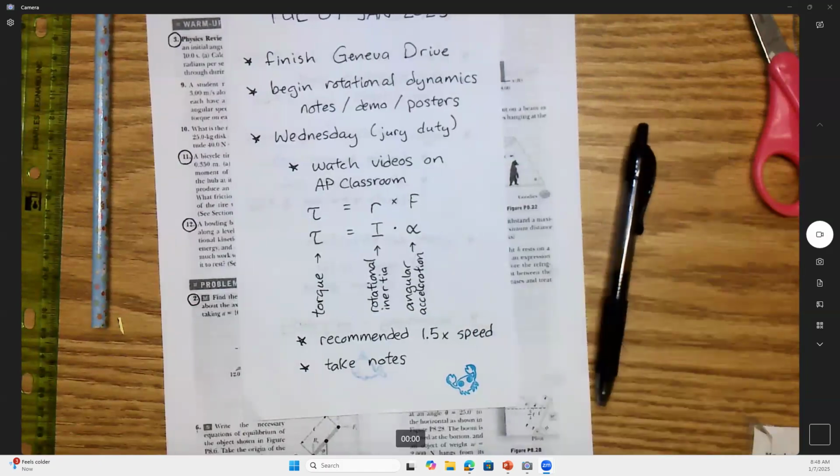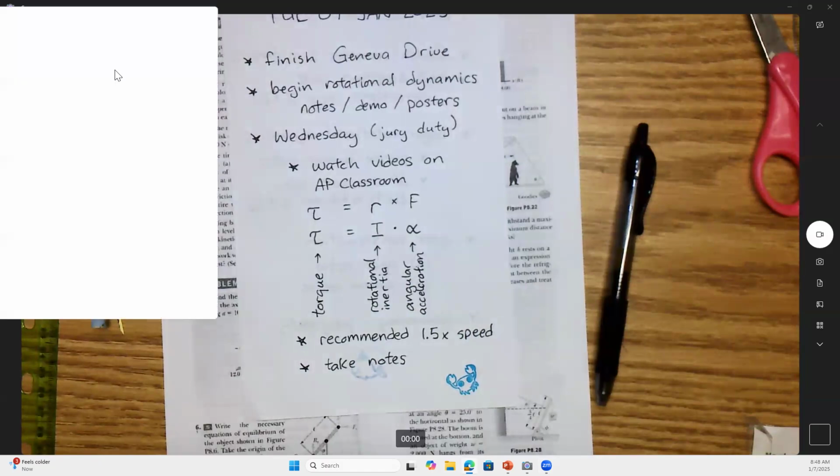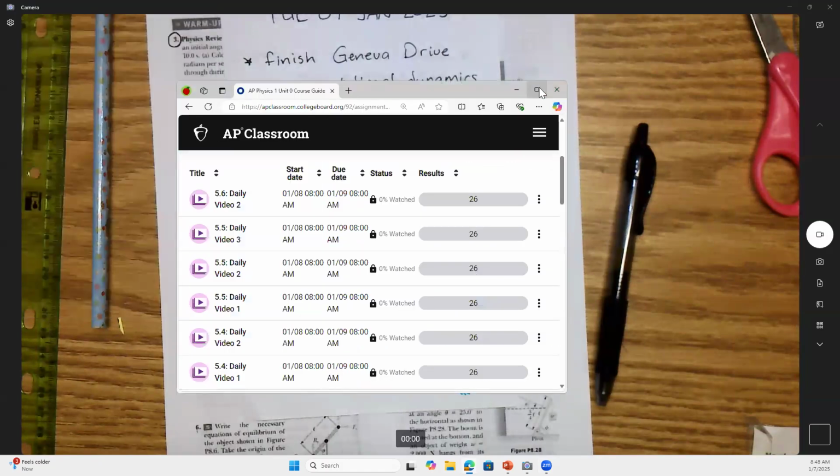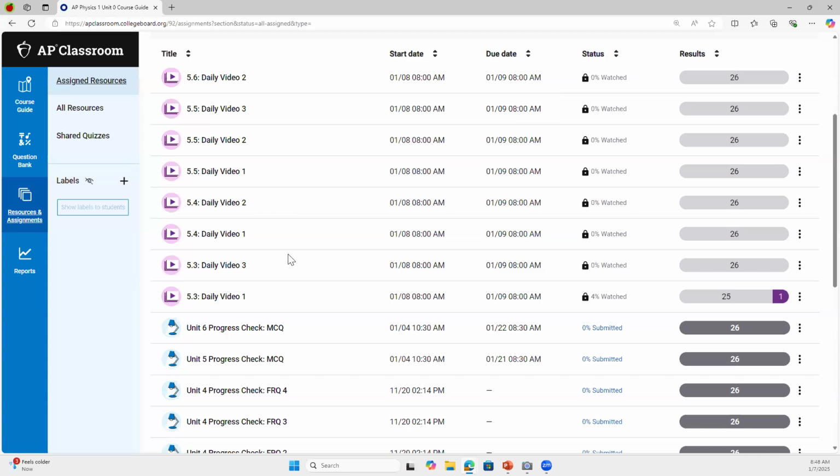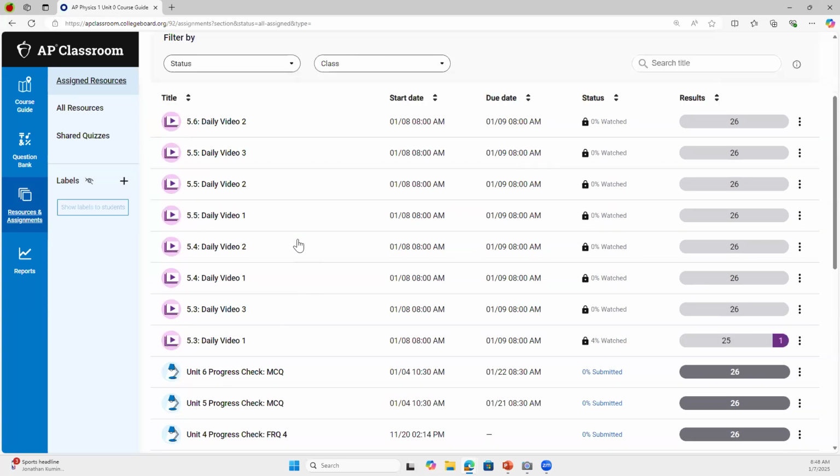Here, let me show you guys what I got posted. Got it pulled up here. Here we go. So this is going to be by AP's book, units 5 and 6. All right, so what I got here? All right, notice it starts at 5.3.